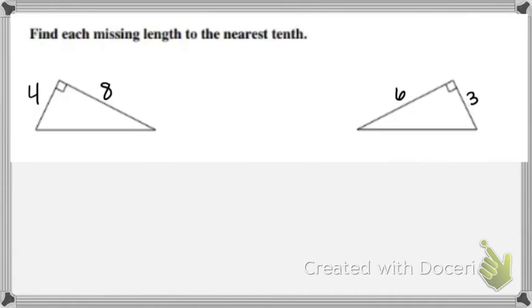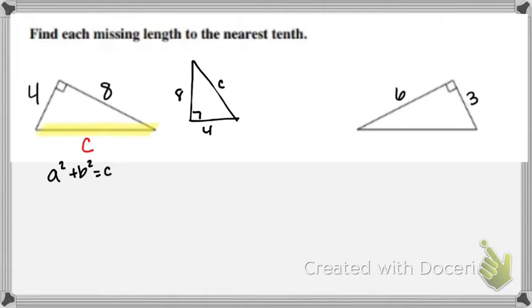It says find each missing side length to the nearest tenth. So here we can see this is our 90-degree angle, and across from it is always our hypotenuse, and that's what we're trying to find. So I'm going to put C there. If I rewrote it like this, I could see that this is 4, this is 8, and this is my C. We have a squared plus b squared equals c squared as our formula for Pythagorean theorem.